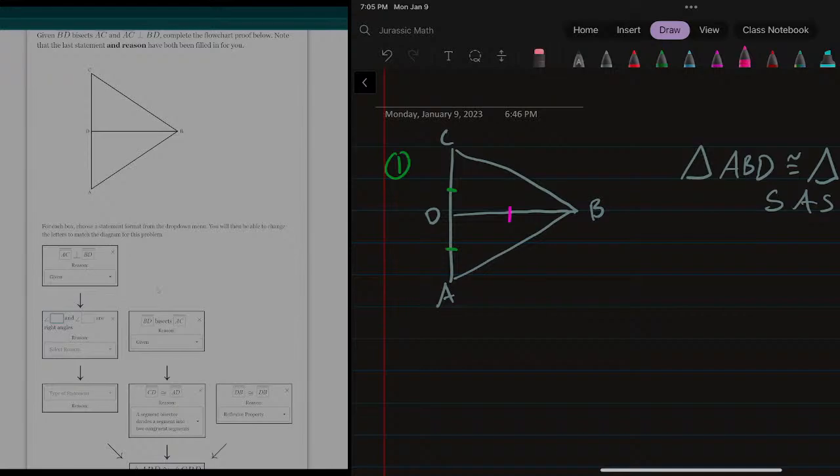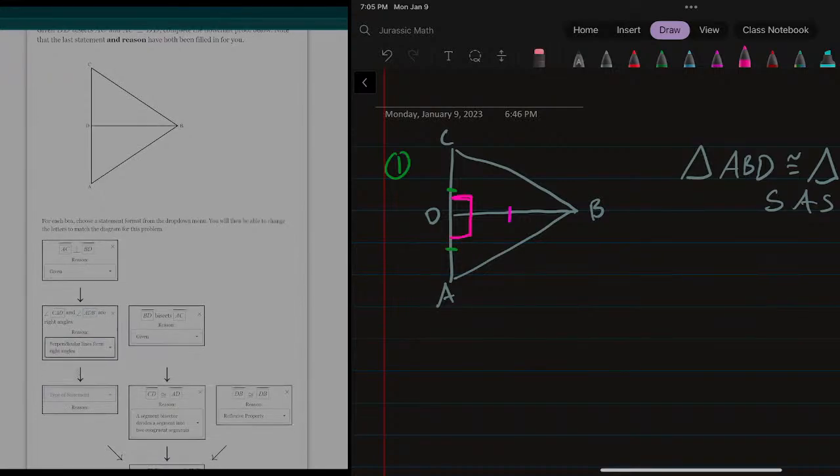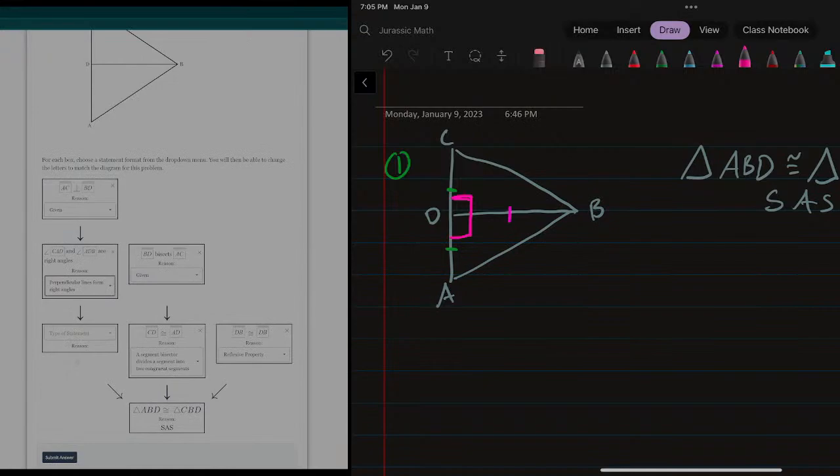So our two angles that we're going to use are CAD and the other one, ADB, are right angles. And then we're going to say perpendicular lines form right angles. Then after that, we're going to say that those two angles are equal to each other now. So CAD is congruent to ADB. And the reason for that is going to be all right angles are congruent.